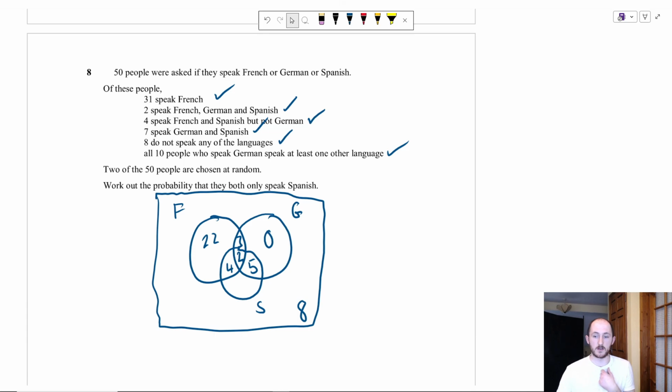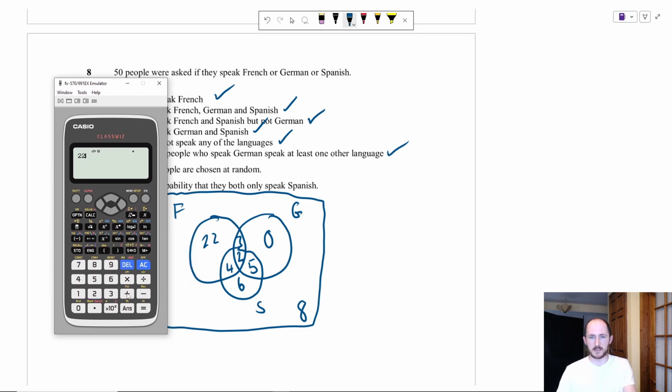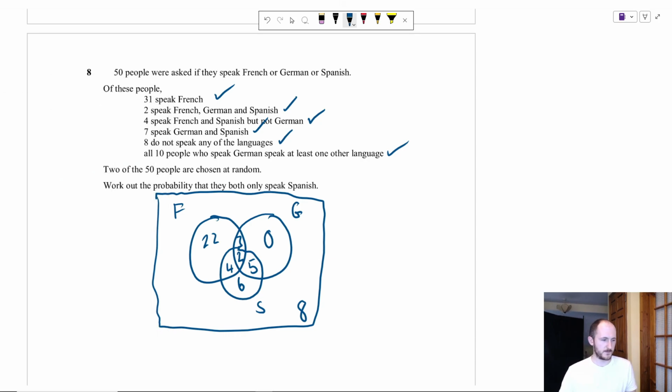Yeah, 50 minus the total. You're 100% right. It's just that the total would be 22 plus 4 plus 2 plus 3 plus 5 plus 6, which is 42, and then 50 minus the total. Same thing, I just do it that way for some reason.